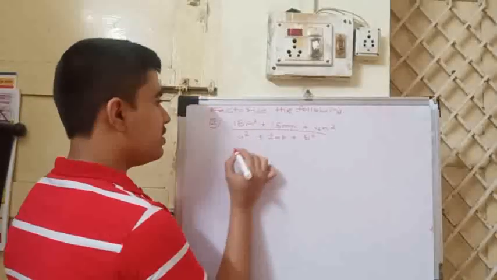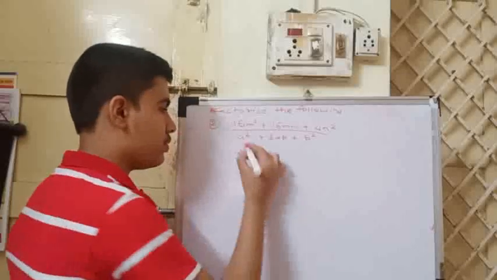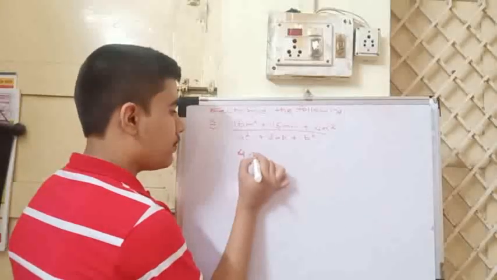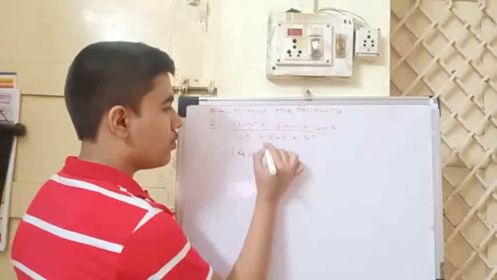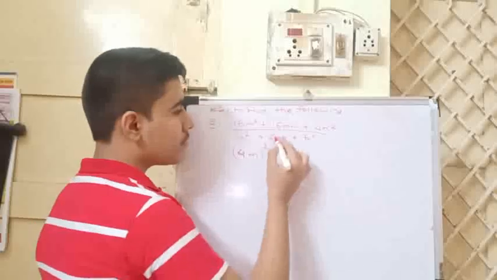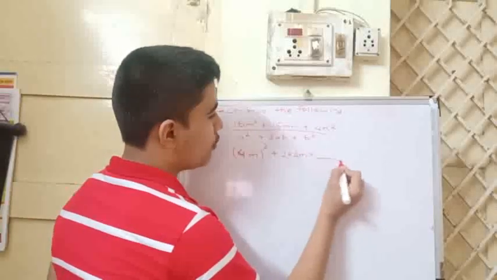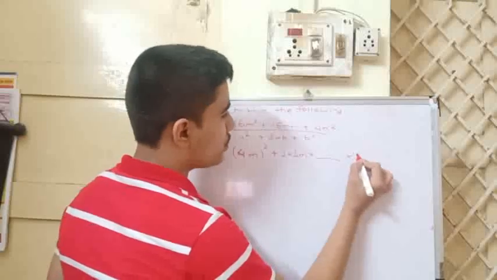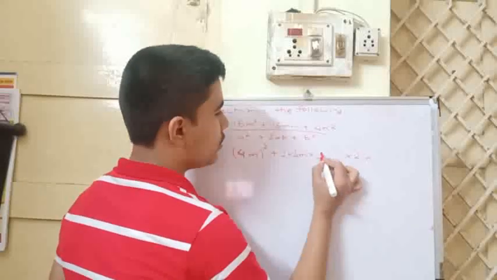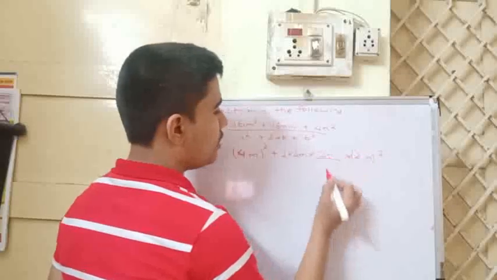Now here is 16, so the square root of 16 is 4, of m it is m, plus, now 2 into a, we got 4m, and b we have to find, into, the square root of 4 is 2 and here the n, so here will be 2n.